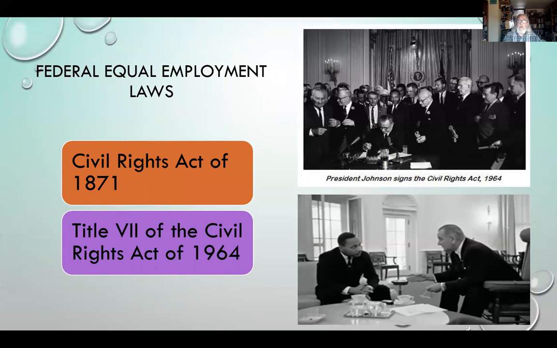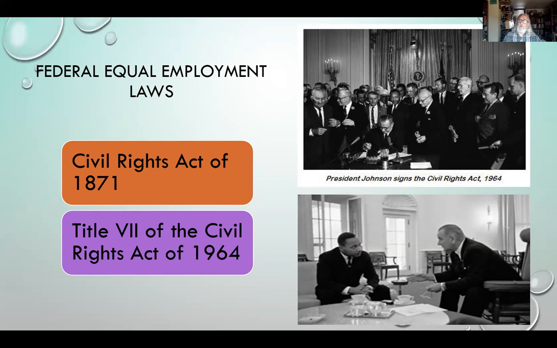We have a variety, a plethora really, of employment laws about equality. And in 1871, this one was based on the 14th Amendment, guaranteeing equal opportunity for all. And it basically prohibited the deprivation of your equal employment rights under any state laws.